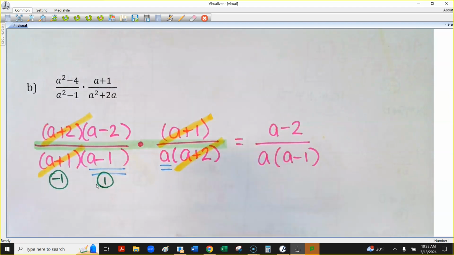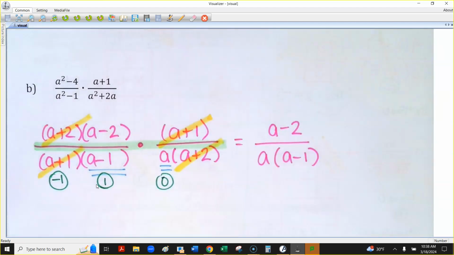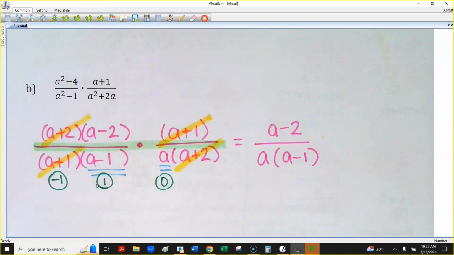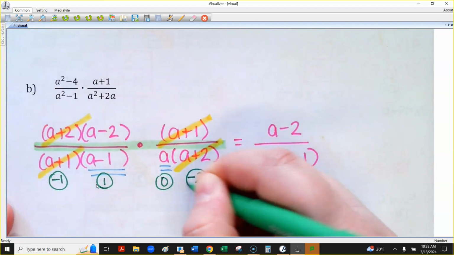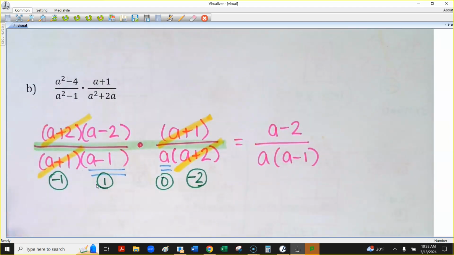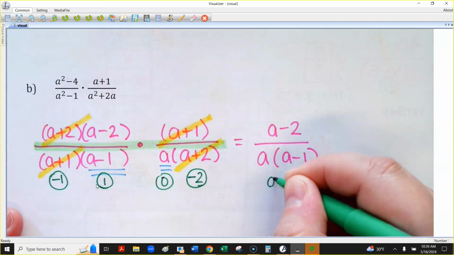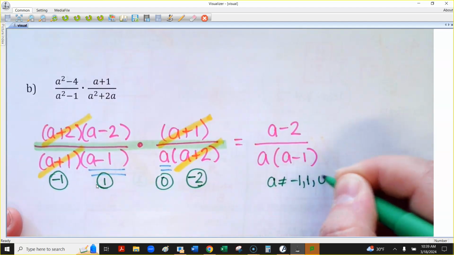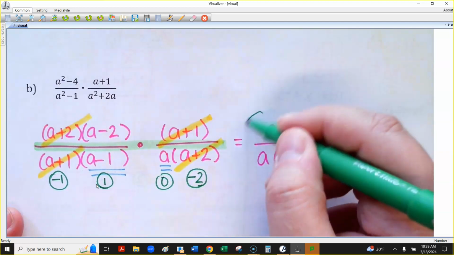Yeah, if you just have a plain variable, 0. If I plugged in 0 right there, it'd be 0 times whatever. So that would make that 0. So you just have a plain variable at 0. And then a plus 2, negative 2 would cause you a problem if you plug that in. So this one actually has 4 restrictions. And it does not matter the order that you write these in, just as long as you have all 4 of them.